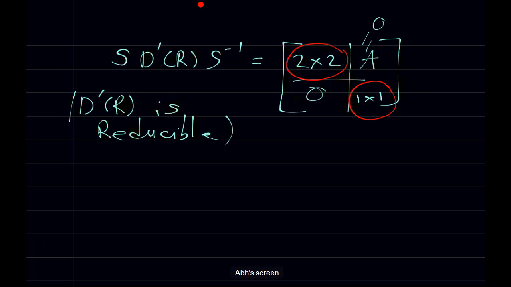And one more thing, sir. Any doubt? So when you do these operations, S into this matrix D prime of R and again S inverse, do we always get only these diagonal elements, or is there another possibility? If you get diagonal, then you say that D prime of R was completely reducible.